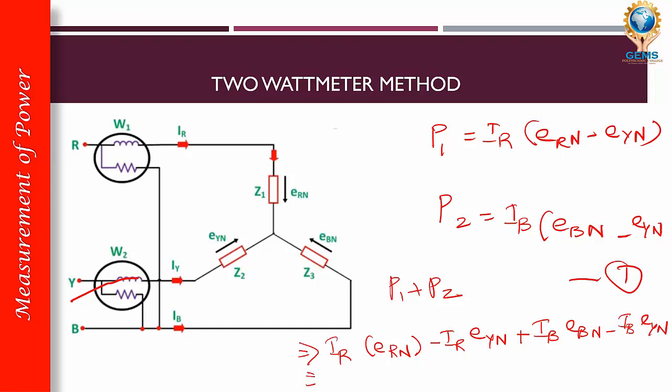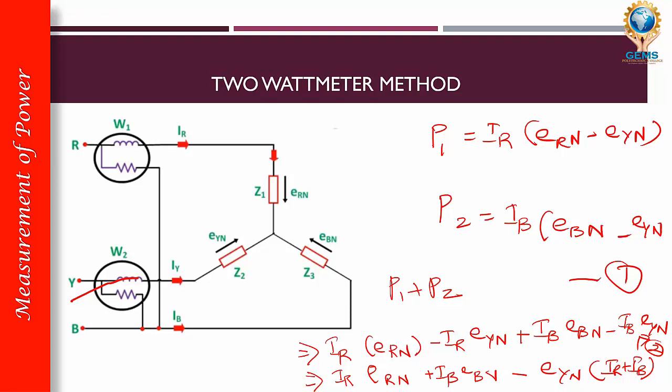So I can again write it like this: IR into ERN plus IB into EBN minus, taking EYN common for both, EYN into IR plus IB. I'll take this equation as 2.